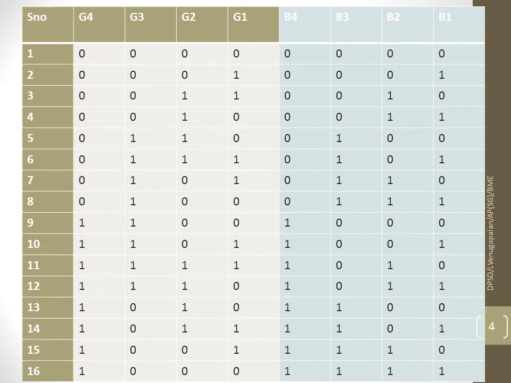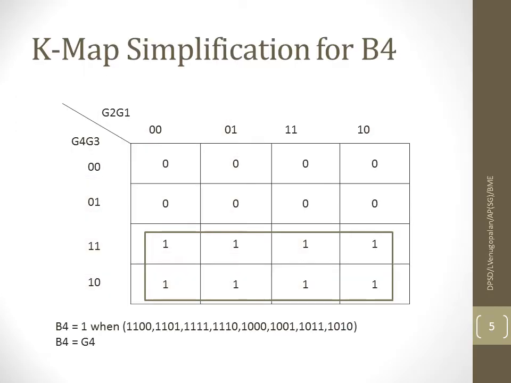If we observe, G4 is the same as B4 because we are taking the most significant bit as the same. So even if you draw the K map and simplify, you can still see that G4 and B4 are equal.